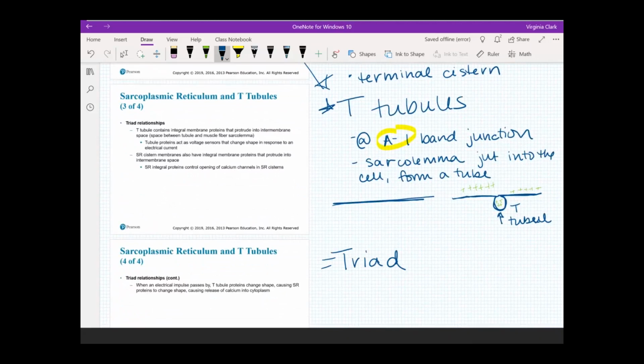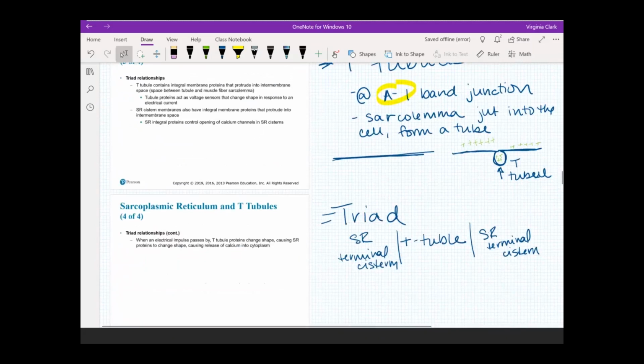So a triad is actually going to be a T-tubule, and on either side, it will be a sarcoplasmic terminal cistern. So a triad means 3, and so we'll have this T-tubule, and then on either side, we're going to have our sarcoplasmic, our terminal cistern.